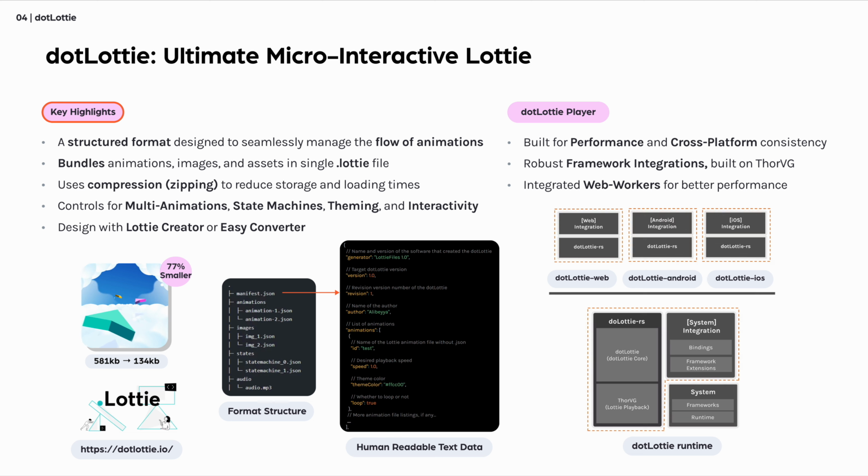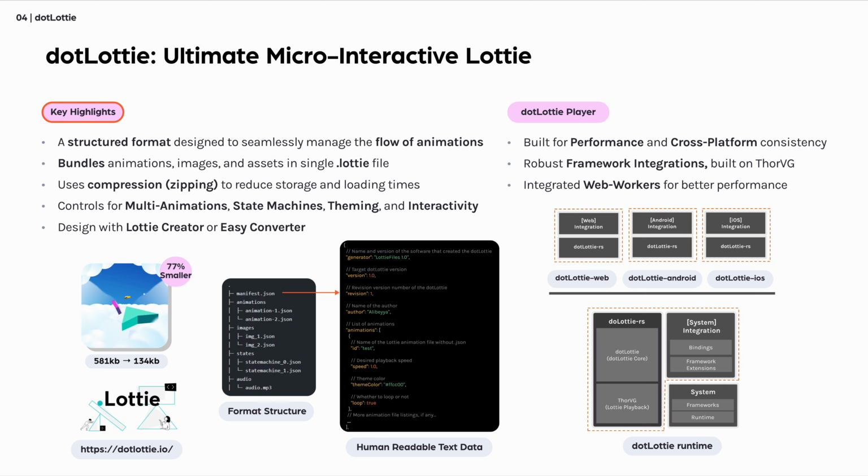Even for a single animation, the size can be significantly reduced. For example, as you can see in the flying animation demo at the bottom, the file size was reduced by up to 70%, so it's really worth trying DotLottie instead of the original JSON Lottie file.